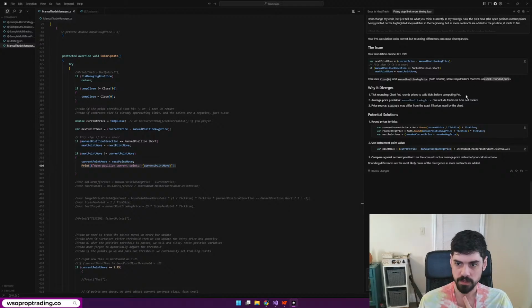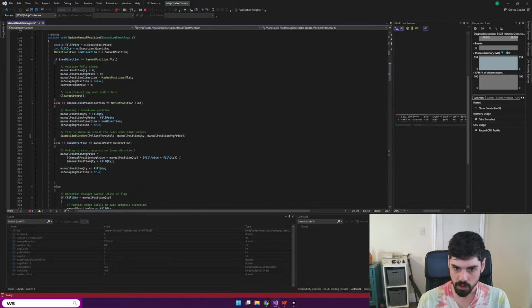Yeah, tick round, that's exactly what I'm saying. I wonder what this point move is here. I'm just going to add that and see.